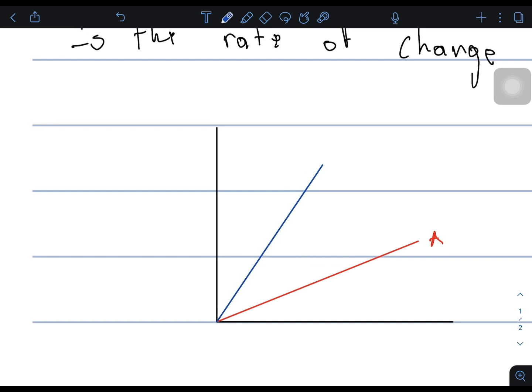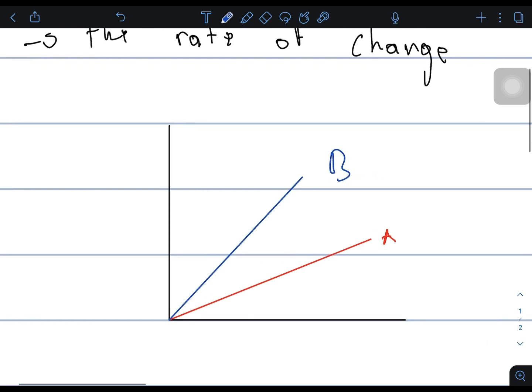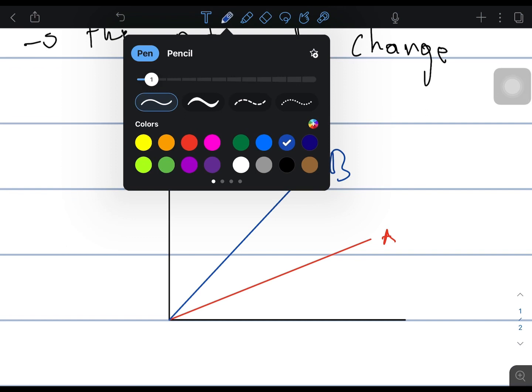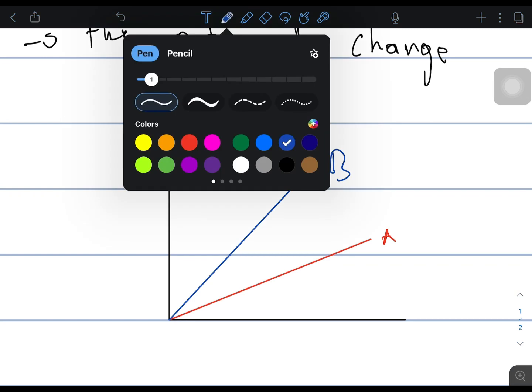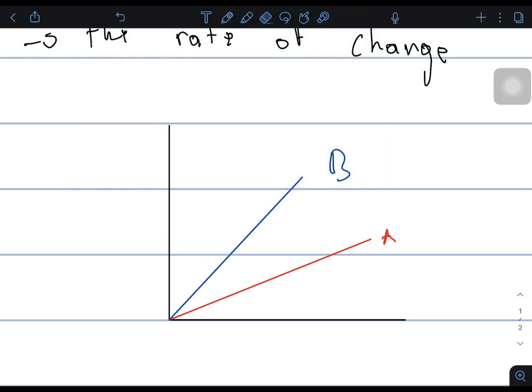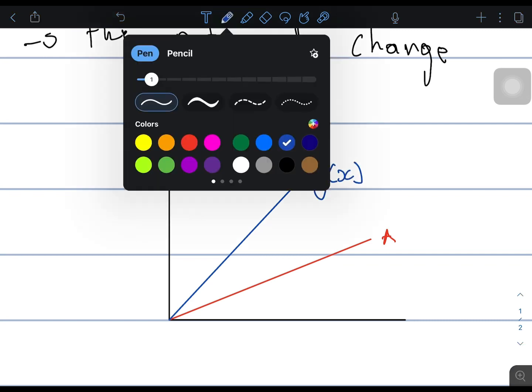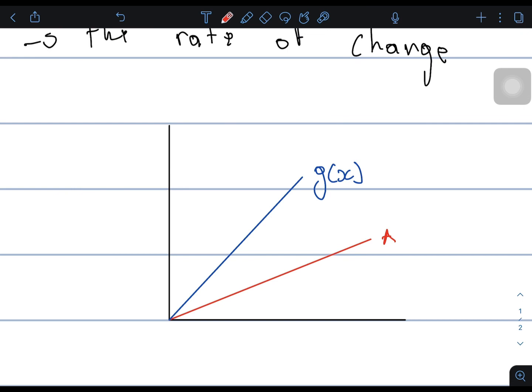This is graph B. Let us call this one g of x, and this one f of x.